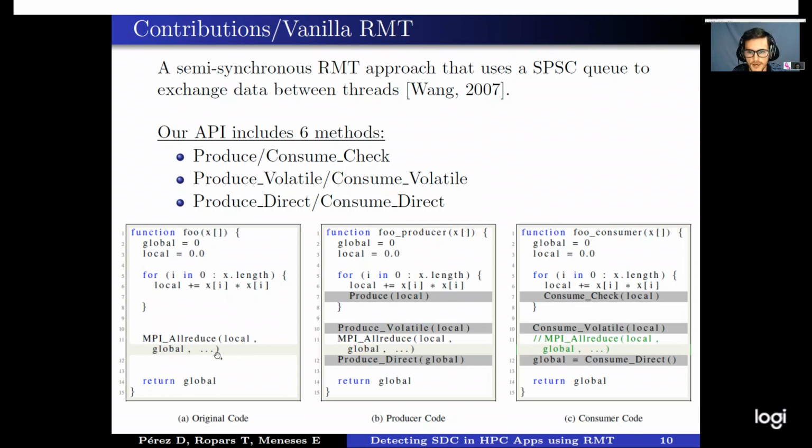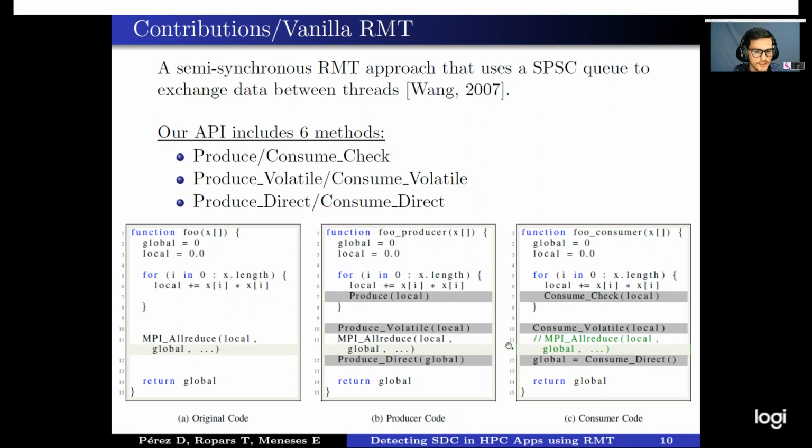This MPI all reduce is what would be identified as a volatile point. So in the vanilla approach, after every modification, there will be a produce operation on the leading thread, and there will be a consume check operation on the trailing thread. In these volatile points, there will be a produce volatile on the producer side, and there will be a consume volatile on the trailing thread.